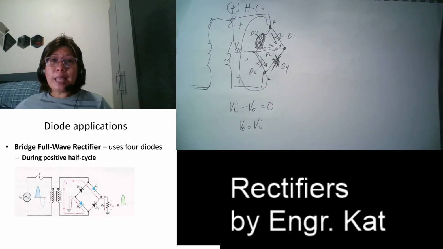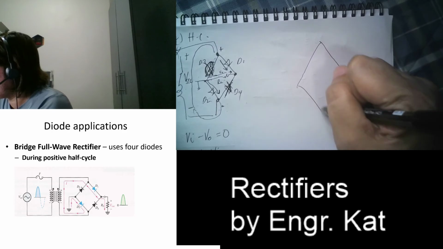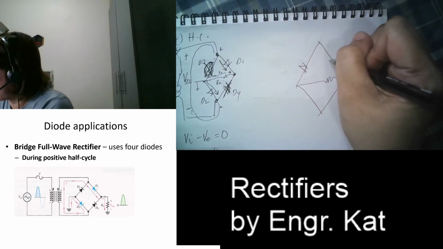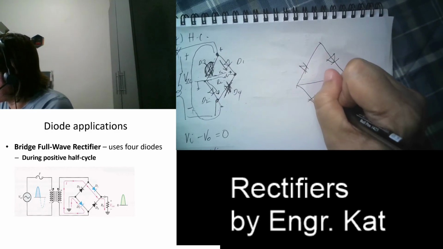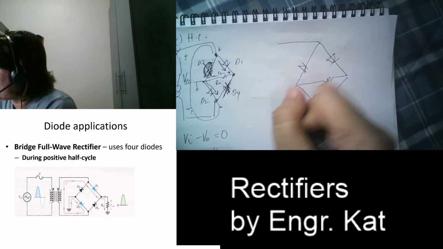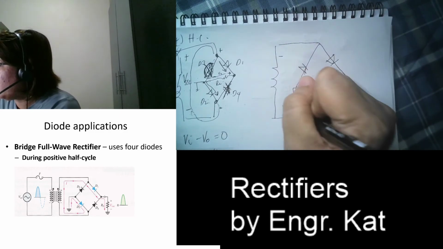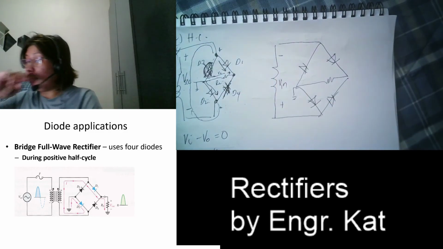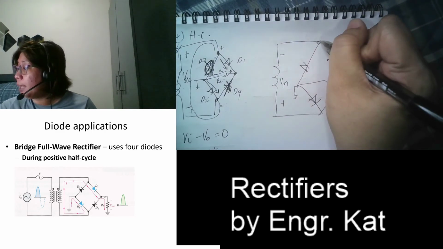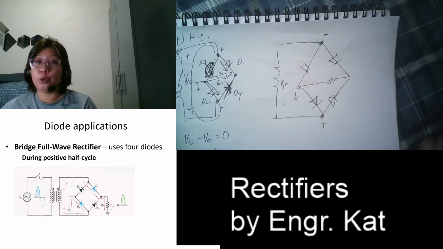Now, what happens during the negative half cycle? So this is minus plus V in. That means we have a negative terminal here and a positive terminal here.